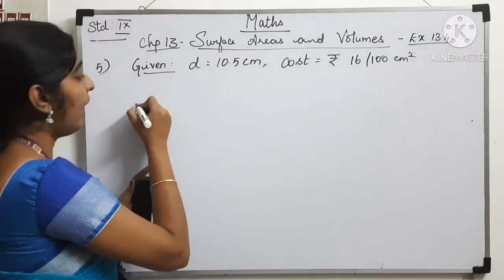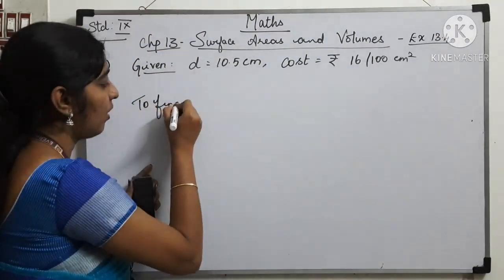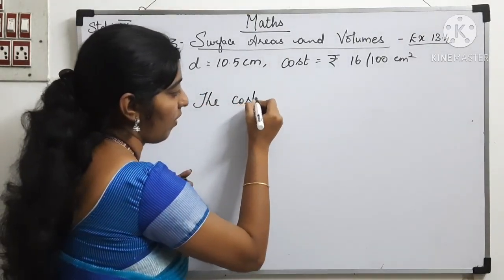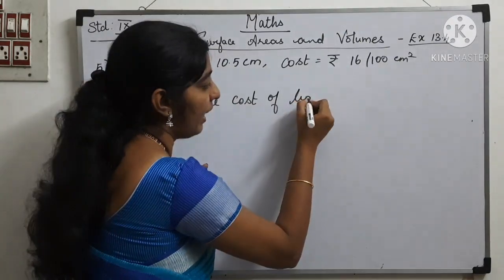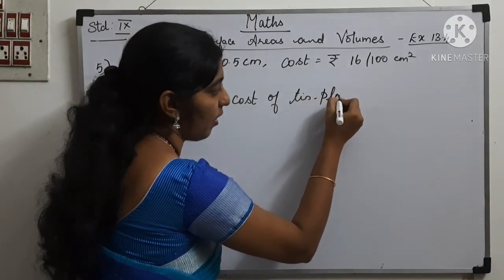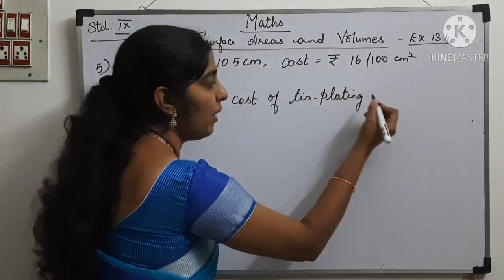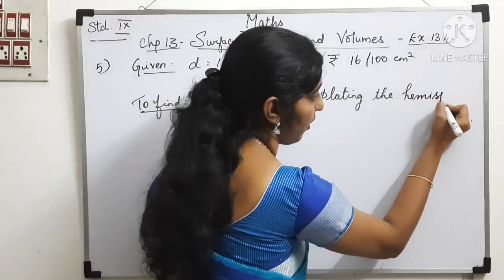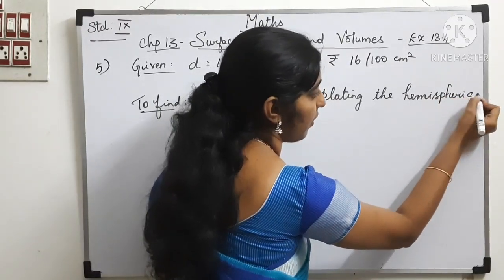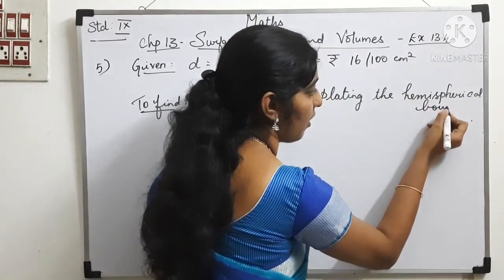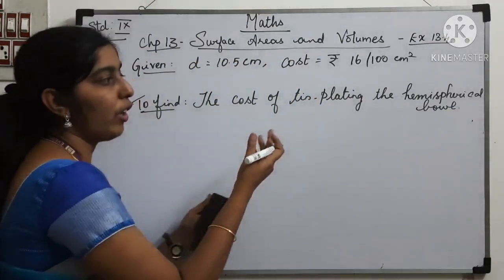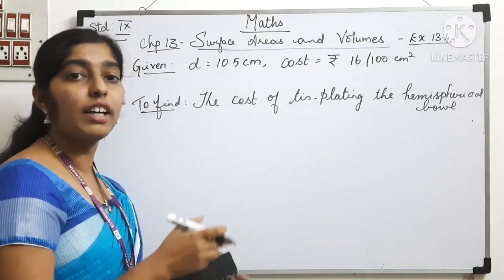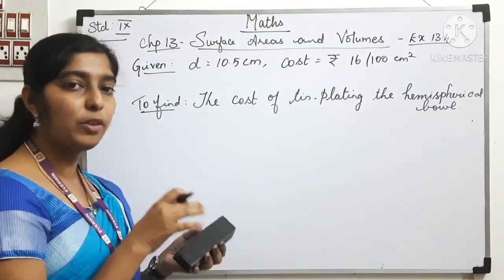To find: the cost of tin plating the hemispherical bowl. To find the cost of tin plating the hemispherical bowl, first we should know the curved surface area of this hemispherical bowl.